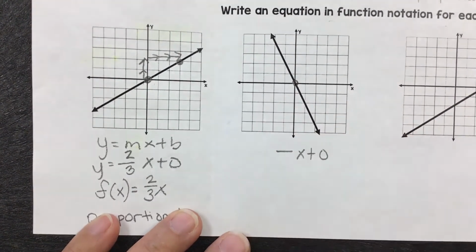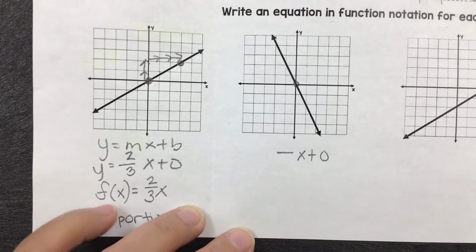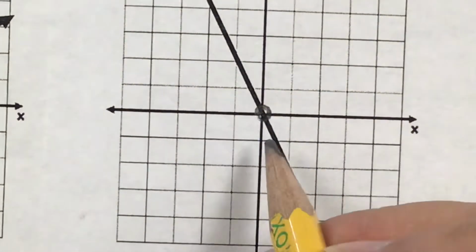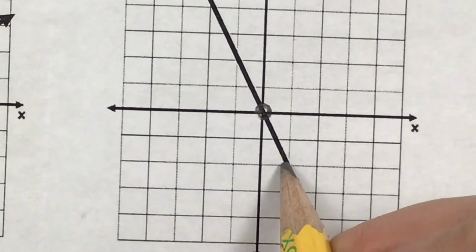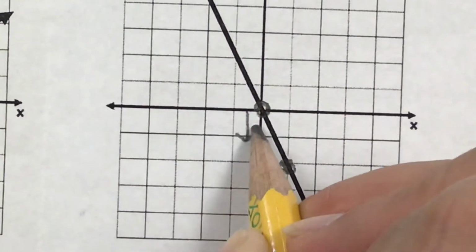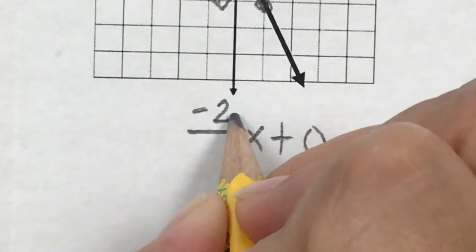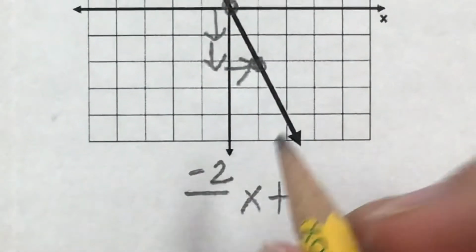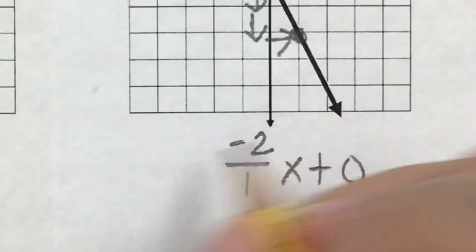I need a numerator and a denominator. And I'm going to zoom in just to make sure you know that we're looking for the intersection of a graph. So there's one right here. That means I have to go down, making the numerator negative 2. And to the right one, making the denominator a positive 1.